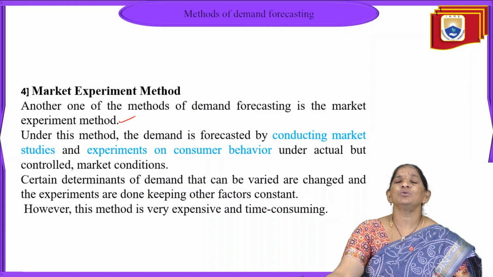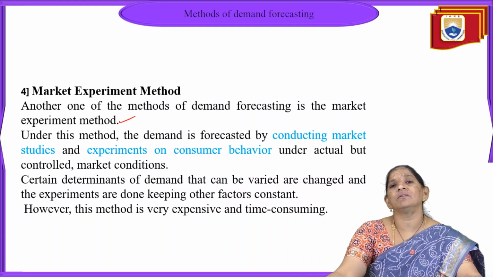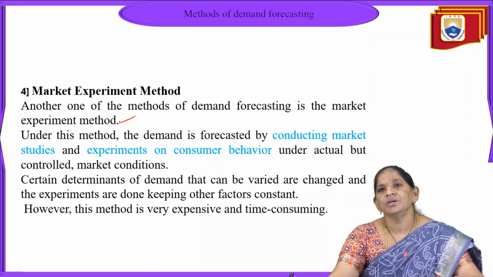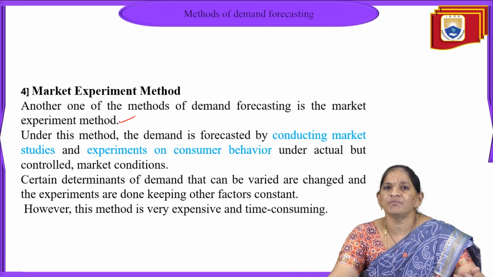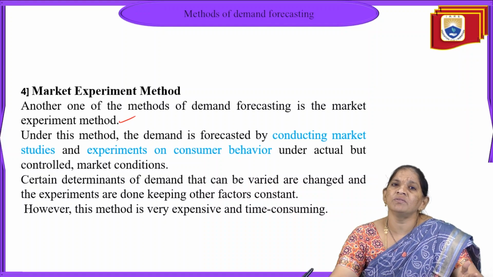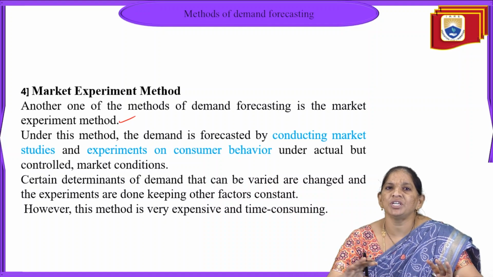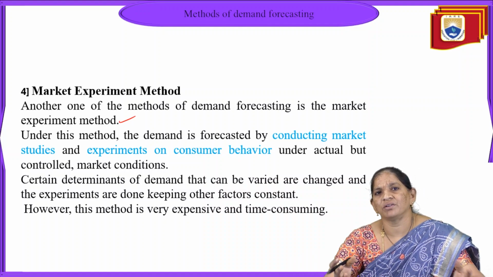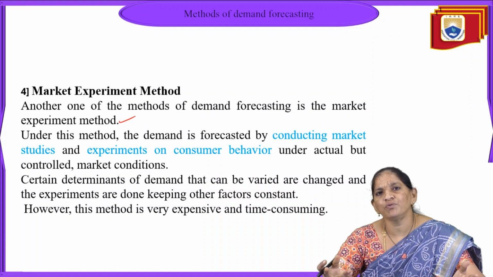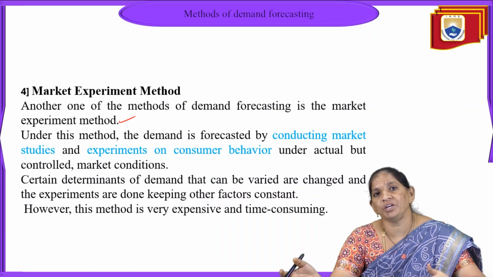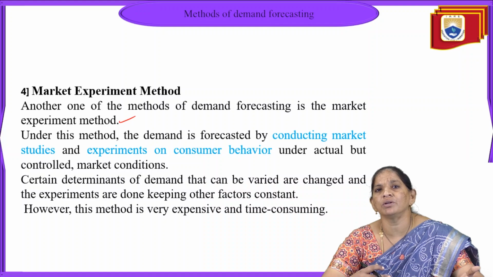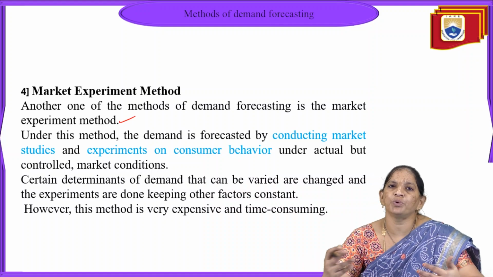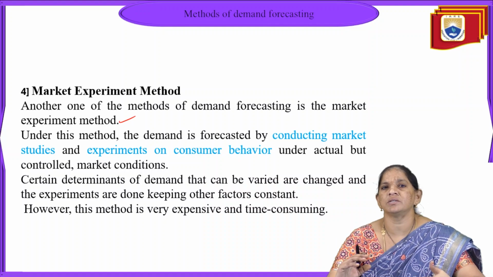So we should identify which factor is changing, take some factors and do an experiment to see how the consumer will react. If I change the color or type of my product, what will the consumer's opinion be? Does the consumer like to purchase my product or not? If I increase the price by a very high 50%, how many consumers are ready to purchase my product?